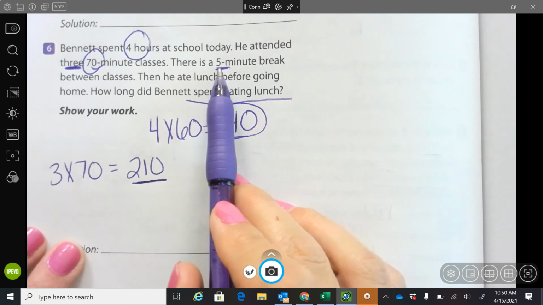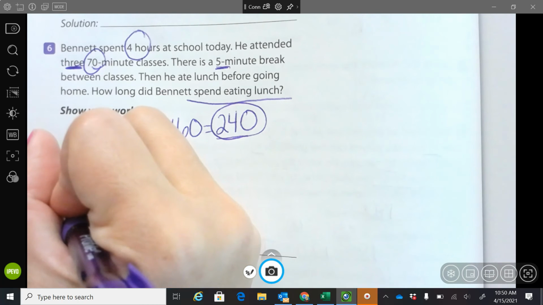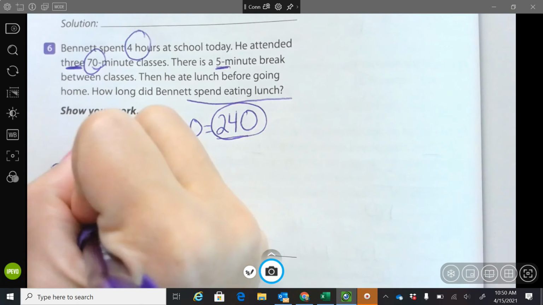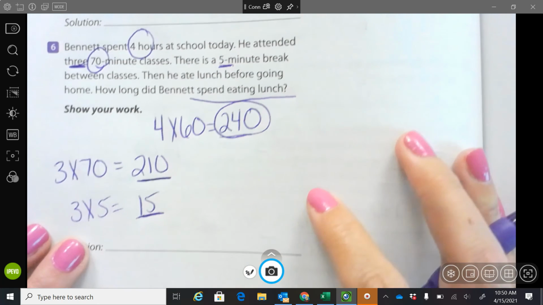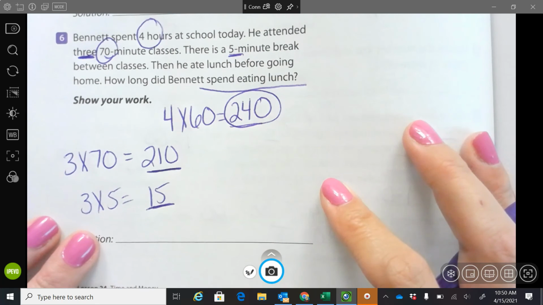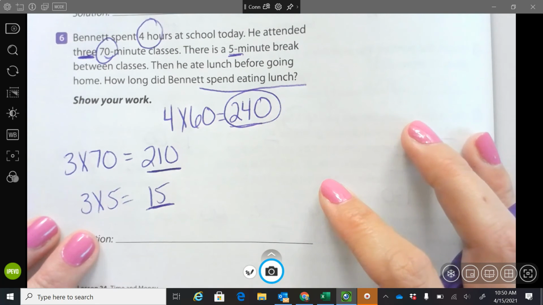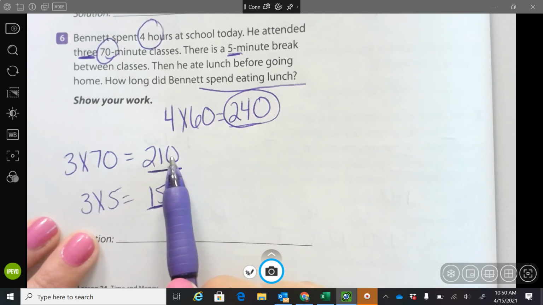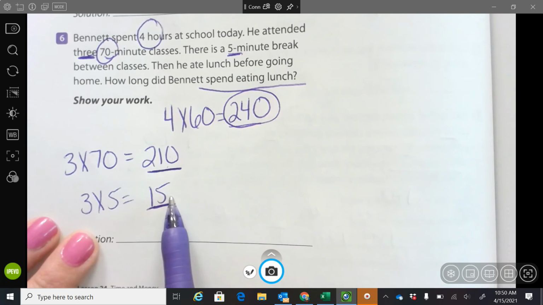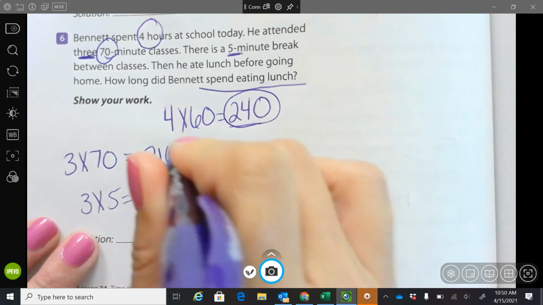There's a 5-minute break in between classes. So how many classes did he take? There's 3, and they each have a 5-minute break, so that's 15. So what do we do? 210 is the amount of time he spent in class. 15 is the amount of time he spent on breaks.